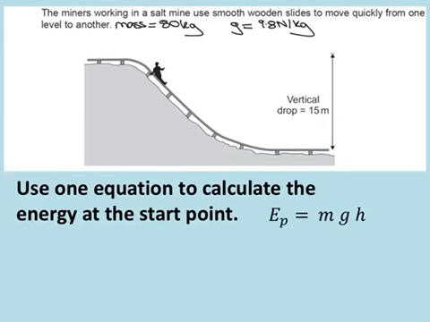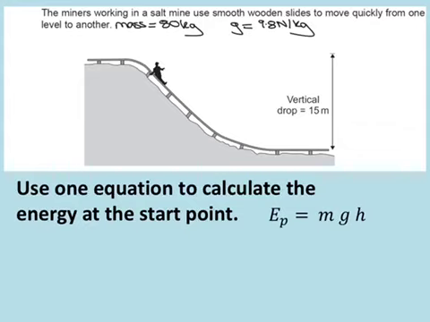Hopefully you have realized that the equation they can use is the gravitational potential energy one. That is because they are high up, so there would be lots of energy in their gravitational potential store. We're given a bit of data in this question, so let's work out the gravitational potential energy at the start.